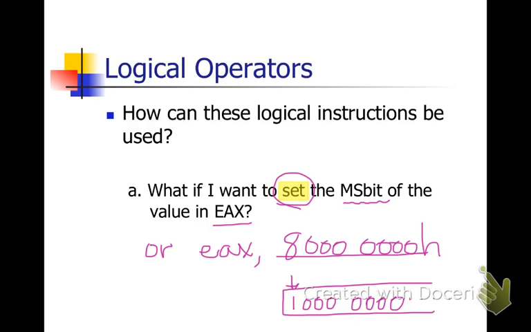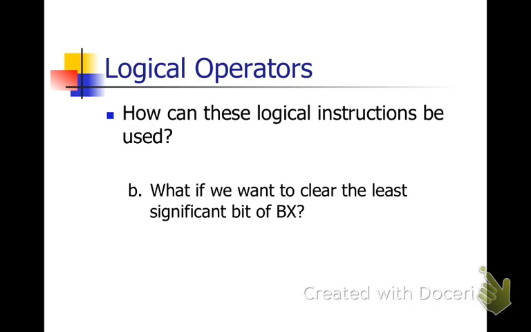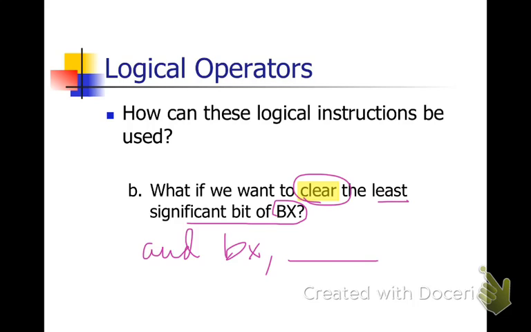Let's do one where we clear bits. Okay? So I want to use these operations to clear the least significant bit of BX. So when I clear bits, I'm going to use AND. My destination is BX. My word size source needs to affect the least significant bit of BX. So again, here I'm looking at, in this case, the low order byte in particular, and I want to clear the least significant bit.